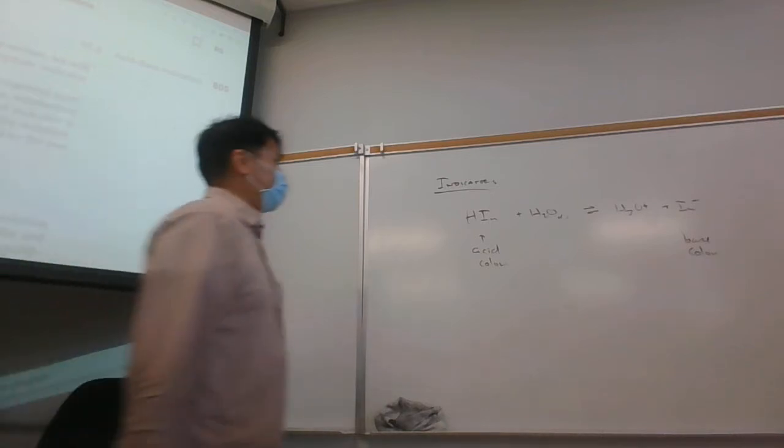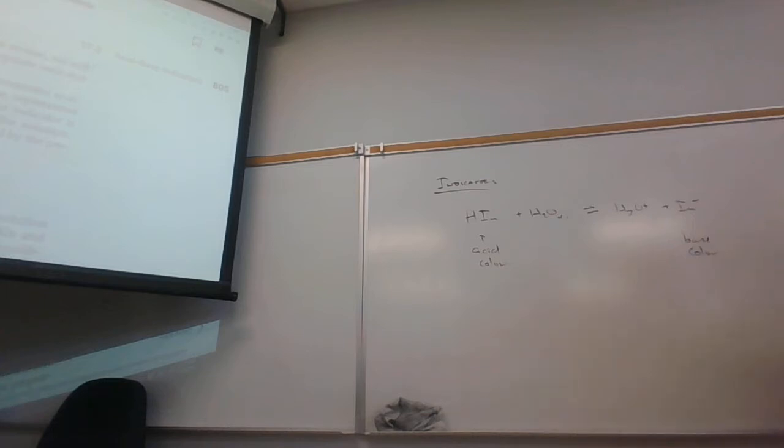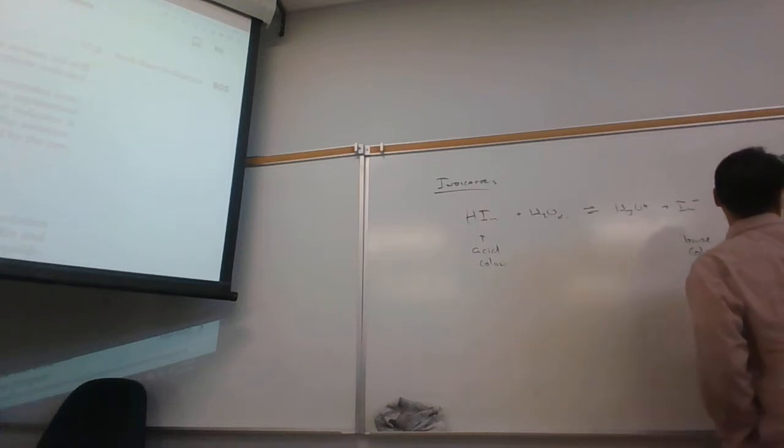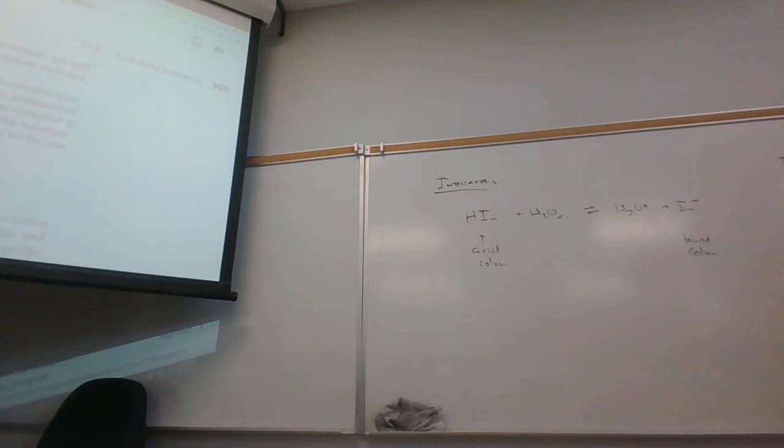Basically, this equilibrium looks like the buffer equilibrium, the weak acid and its conjugate base. And in fact, we can describe it using the Henderson-Hasselbalch equation. That is, the pH is equal to the pKa plus the log of the base, In minus, over the acid, HIn.